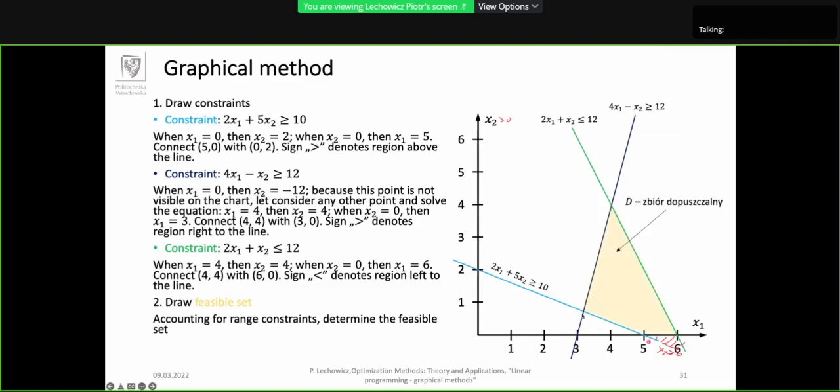So here we have a feasible set. So this is the region where we can look for the best value of objective function and assure that all the constraints are correct.